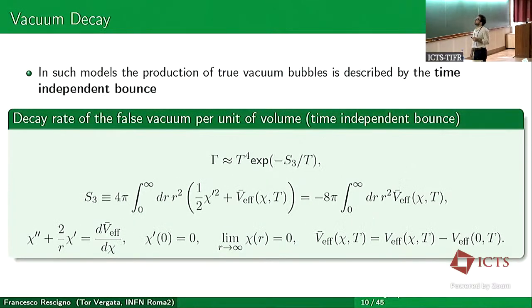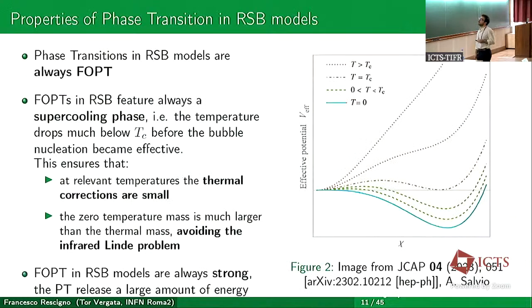The production of true vacuum bubbles is described by the time-independent bounce. We can describe the vacuum decay rate with this expression, where S3 is the bounce action that for the time-independent bounce takes this form, and the time-independent bounce is simply the solution of this differential problem.